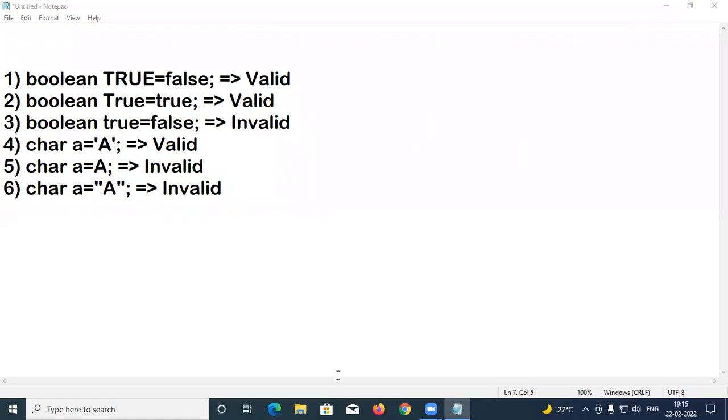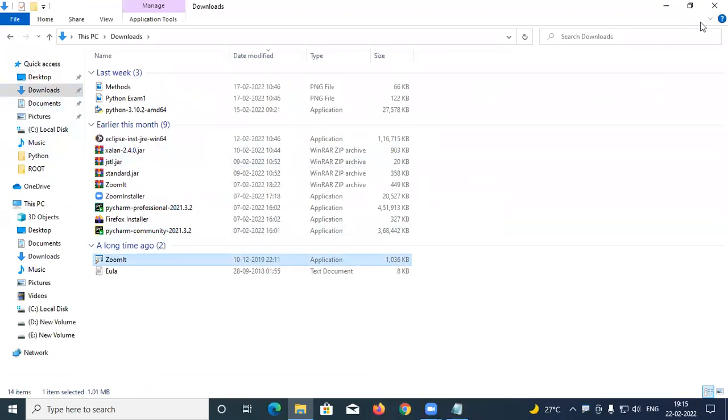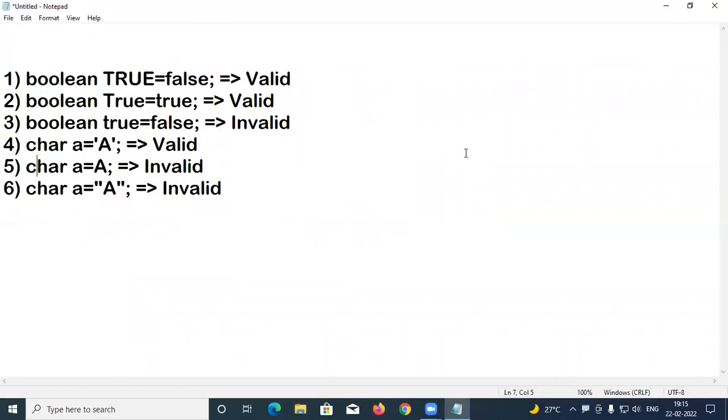Suppose I write int a equal to 10. What is this int? Int is a data type.